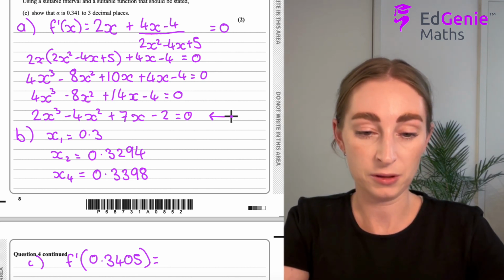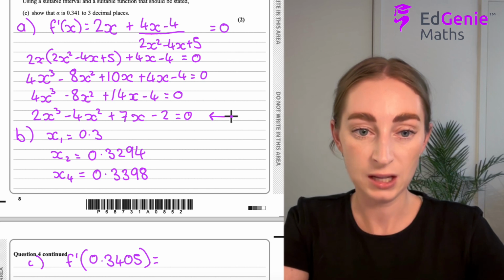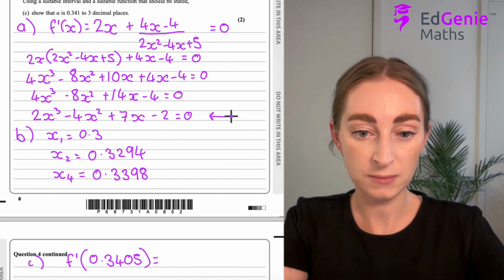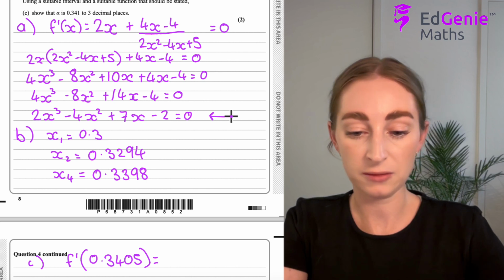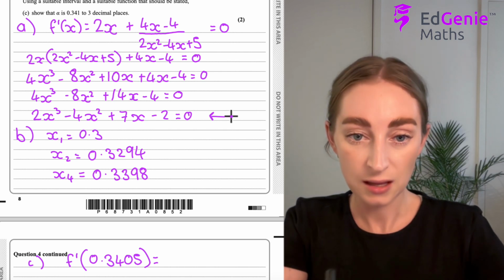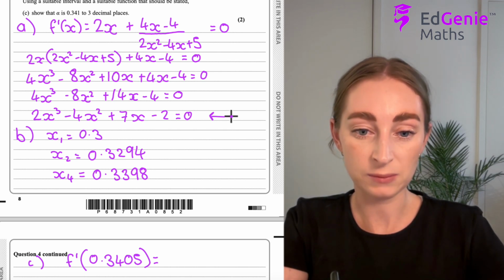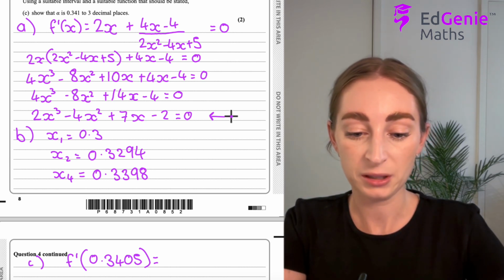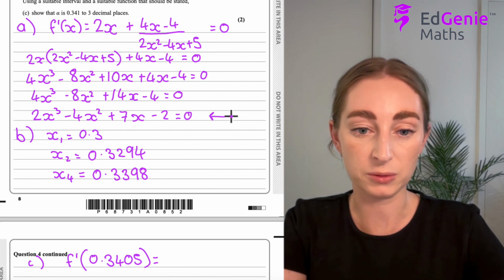We're going to substitute that into here. 2 times 0.3405 to the power of 3 minus 4 times 0.3405 squared plus 7 times 0.3405 minus 2. And I have got a syntax error because I didn't close my bracket on the cubed.